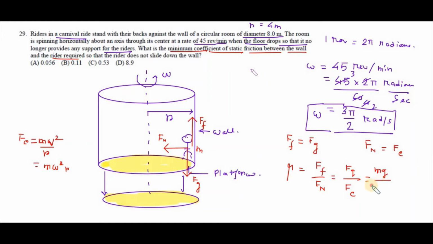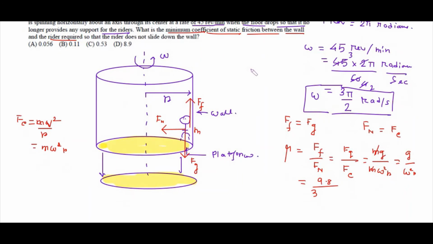If we substitute in this expression m omega square r, the m and m get cancelled, and we'll be getting g upon omega square into r, where g equals 9.8, and omega that we have computed here, converted into radian per second, is 3 pi by 2, whole square, times by r.